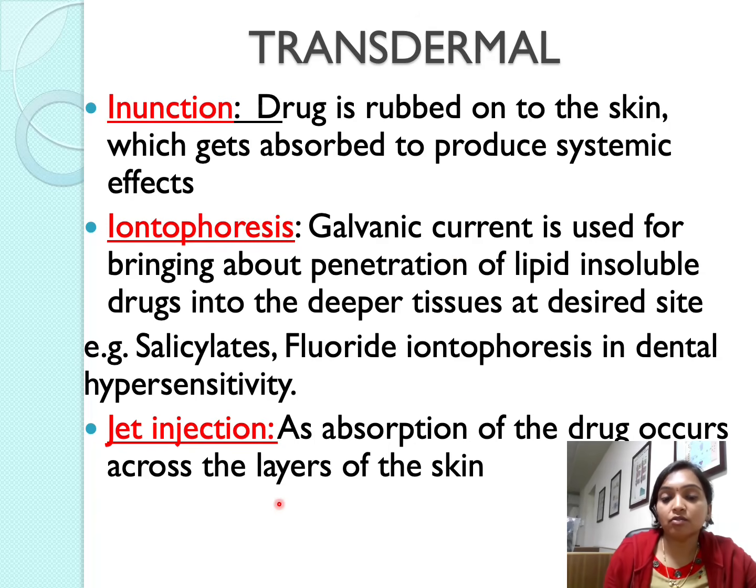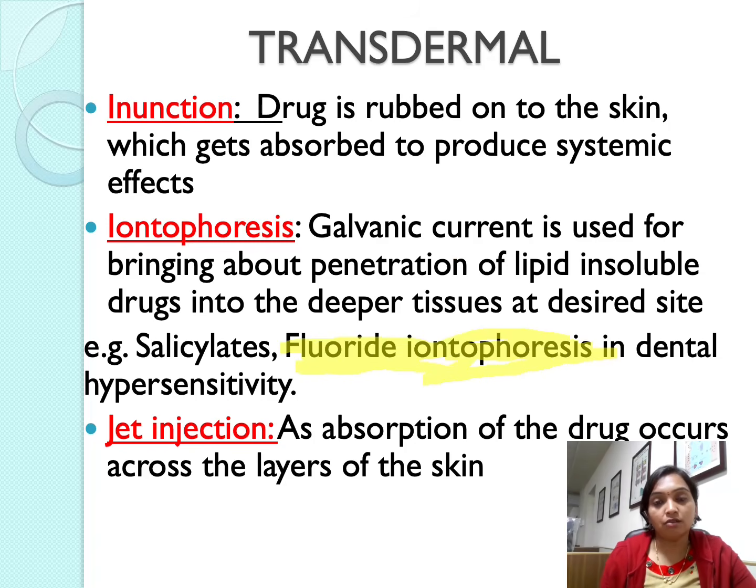Example for this is fluoride iontophoresis, which is used in case of dental hypersensitivity. Okay, this is important. And jet injections, like you saw dermojet. So a forced jet is used to deliver the drug into the dermal layer through a gun-like device.